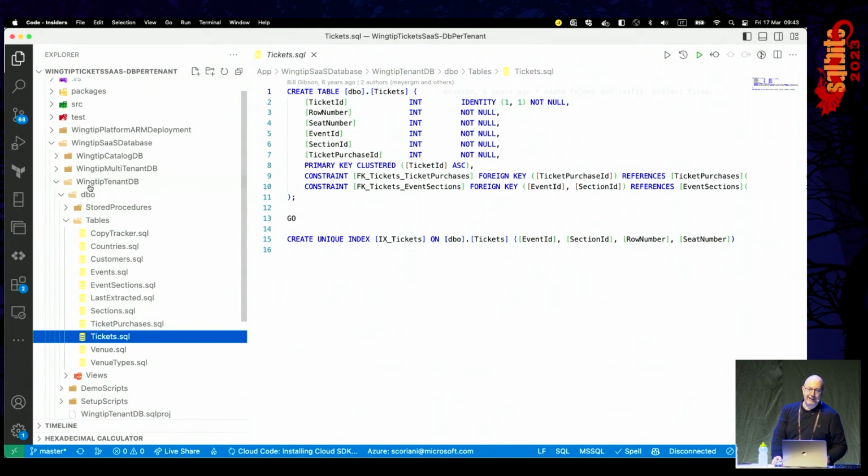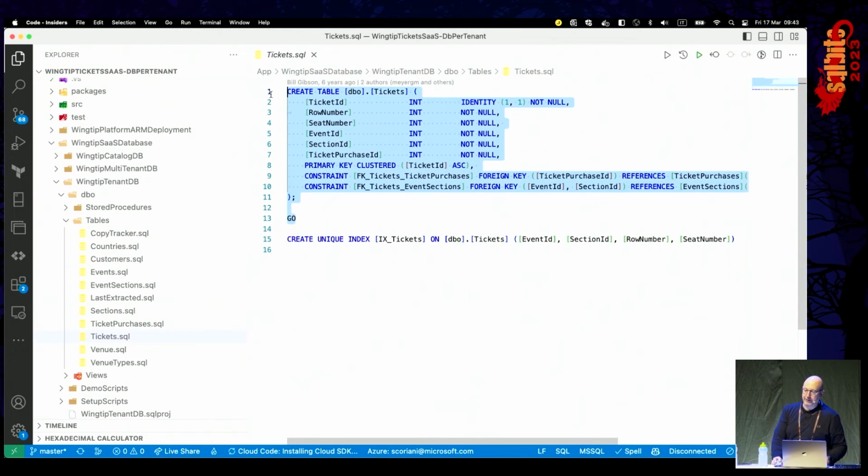If we look at the tenant database schema design here, you see that the tickets table, which is the most important one, is basically representing tickets and the business that my application is actually running. It doesn't require a venue ID, a tenant ID, in the schema, because we know that in this database, data will get isolated at the tenant level.